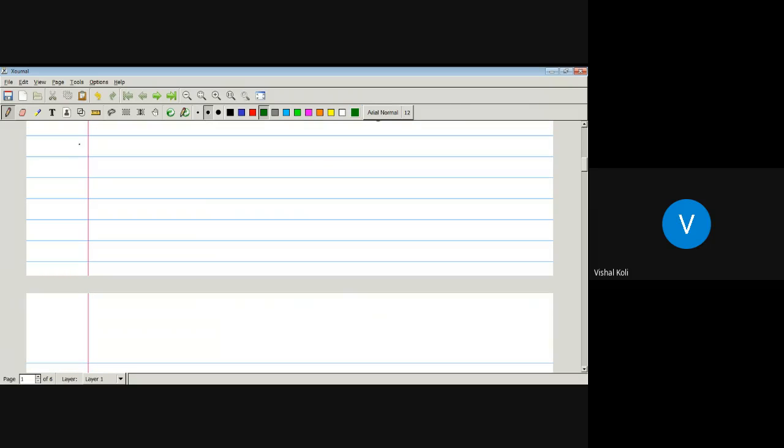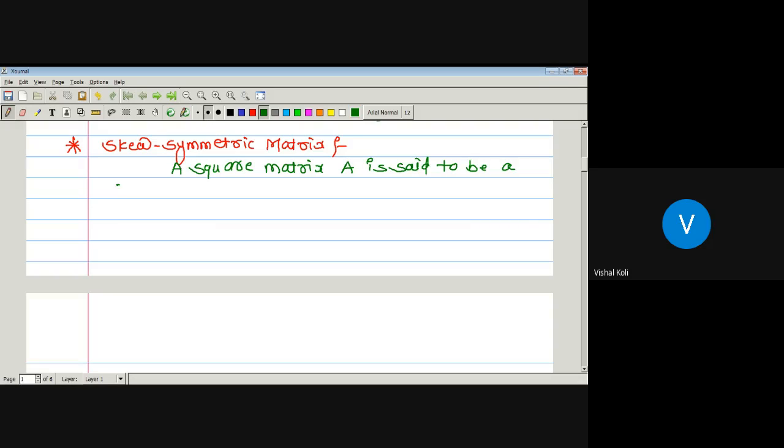Now we have to see what a skew symmetric matrix is. A square matrix capital A is said to be a skew symmetric matrix if A is equal to minus A transpose.